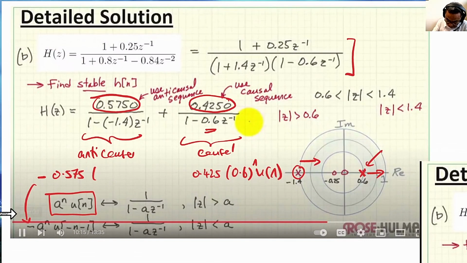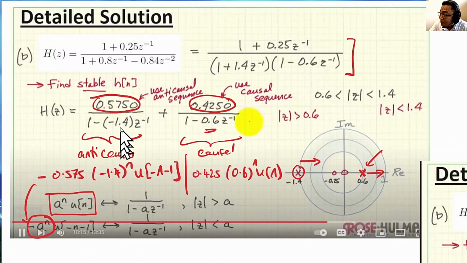Now a is minus 1.4, and then we have n here, and then u of minus n minus 1. Please be careful, this a is minus 1.4, so it is minus 1.4 in brackets to the power of n, u of minus n minus 1. This minus comes from the first minus sign here, so minus 0.575.